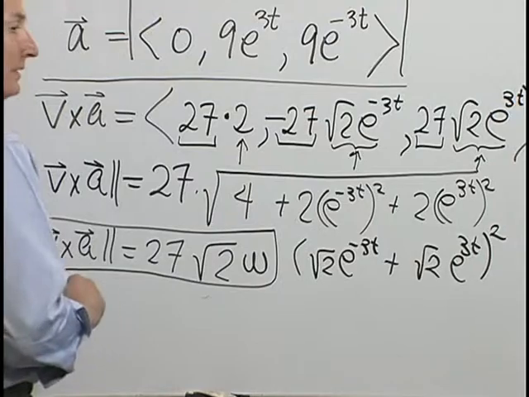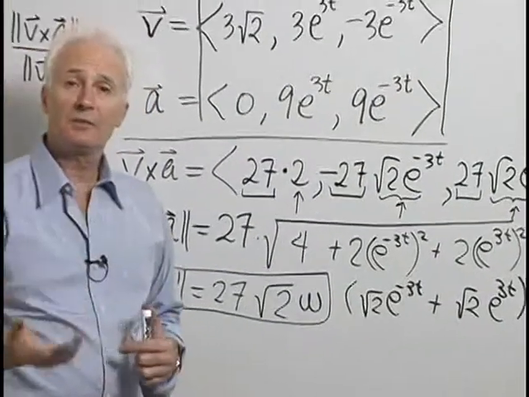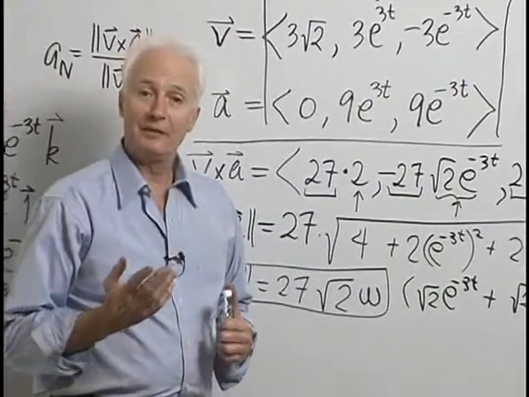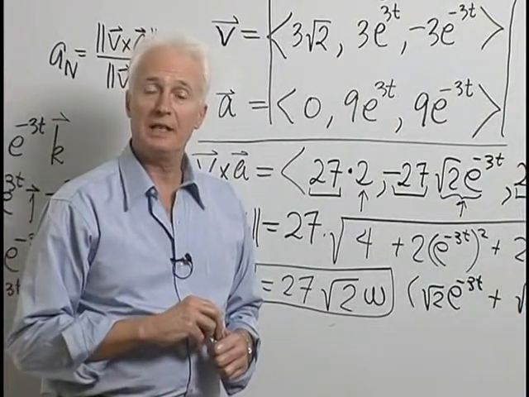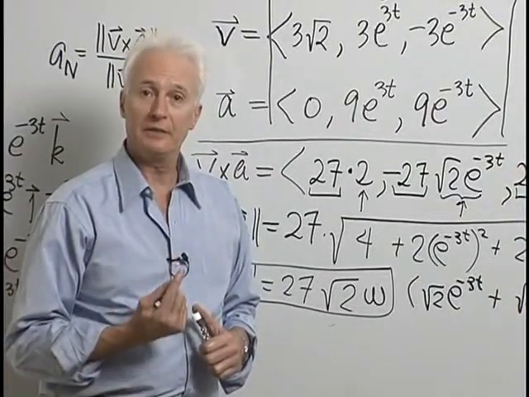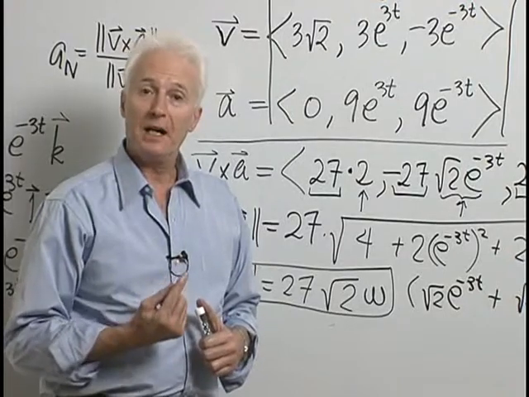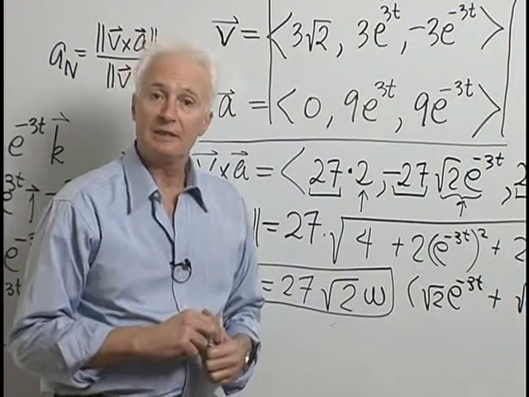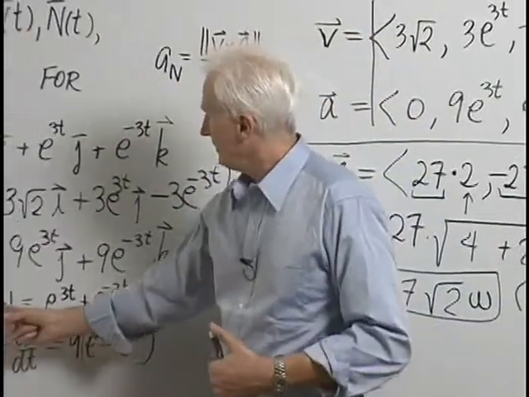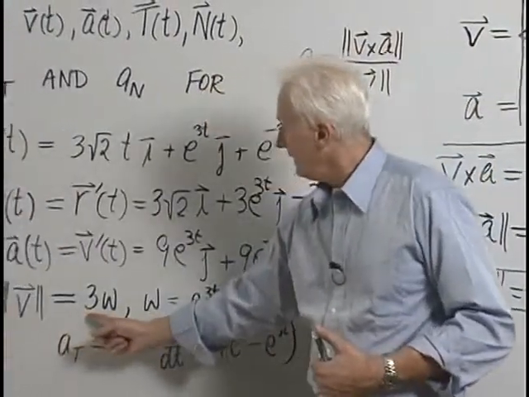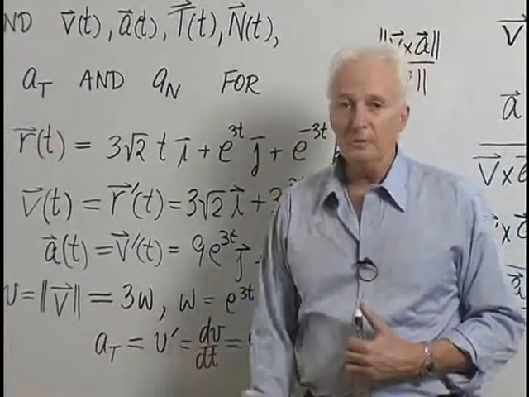Okay, well now let's review. What was our expression for length v? Because remember, to find the normal component of acceleration, we have to divide the length of v cross A by the length of the velocity vector, or the speed. So what was our speed? Remember, the speed or length of v was 3w.